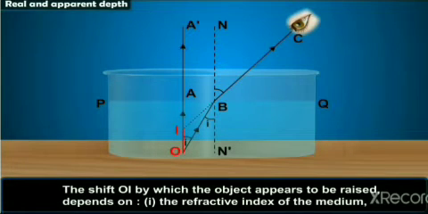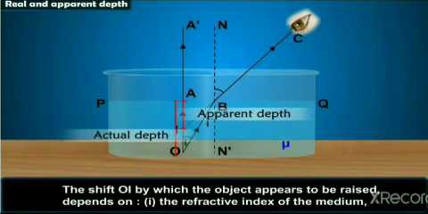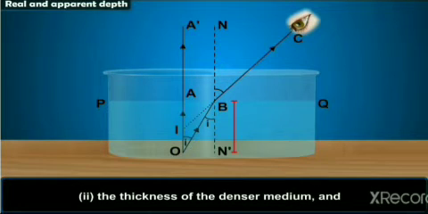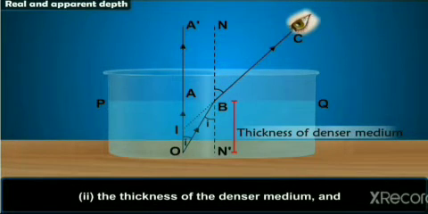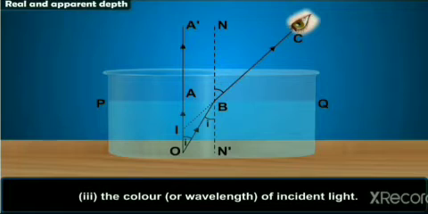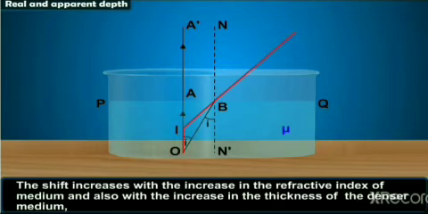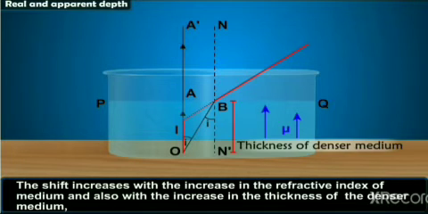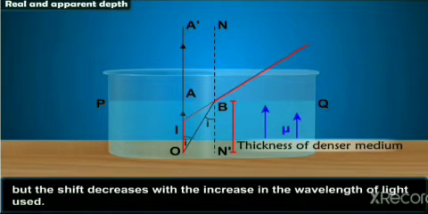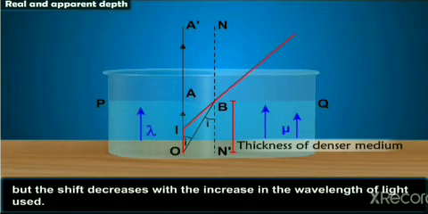The shift OI by which the object appears to be raised depends on, first, the refractive index of the medium, second, the thickness of the denser medium, and third, the color or wavelength of incident light. The shift increases with the increase in the refractive index of medium and also with the increase in the thickness of the denser medium. But the shift decreases with the increase in the wavelength of light used.